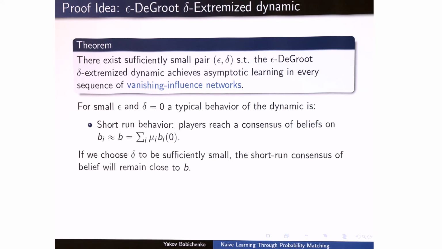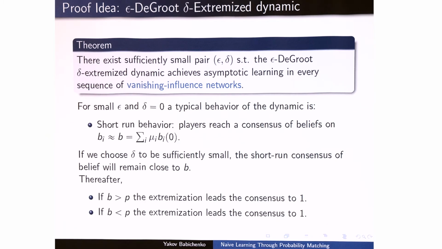And if we choose delta to be sufficiently small, then once players are almost in a consensus, this notion of extremization will start to play a role. We choose delta to be sufficiently small so that it will not ruin the property that players reach a consensus on something good.